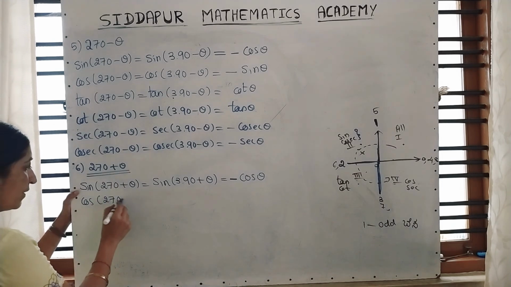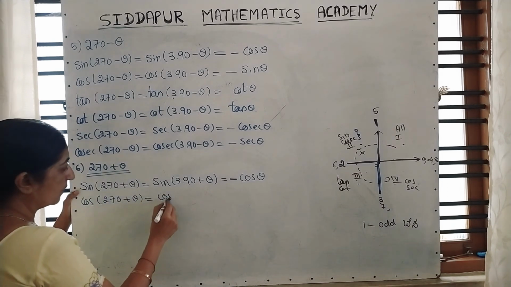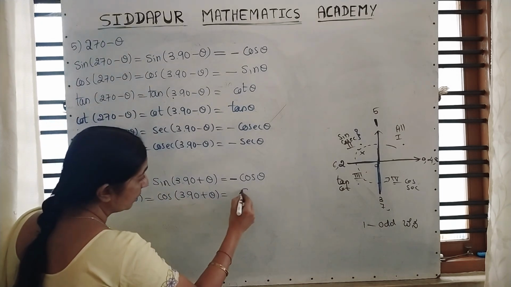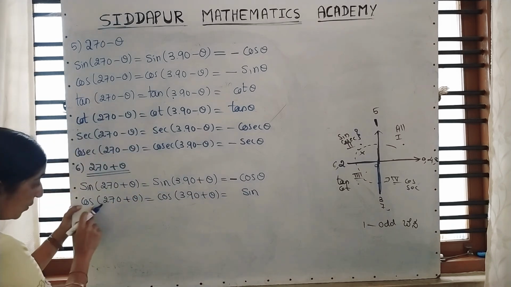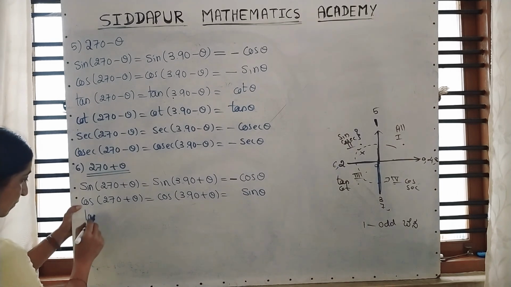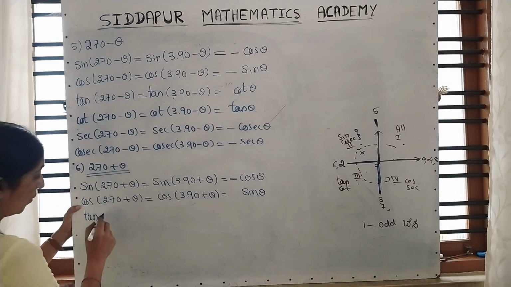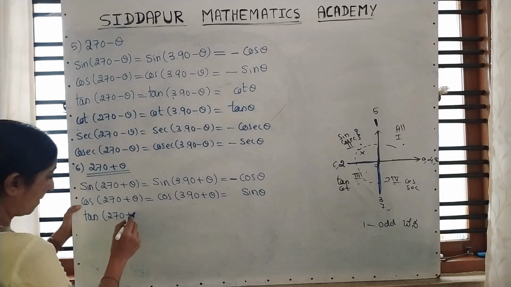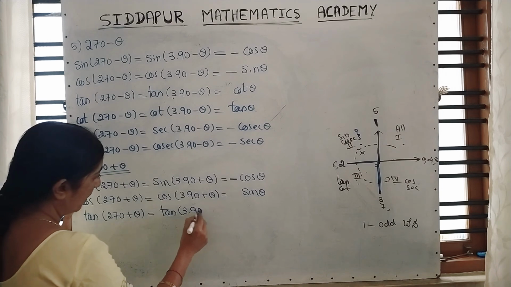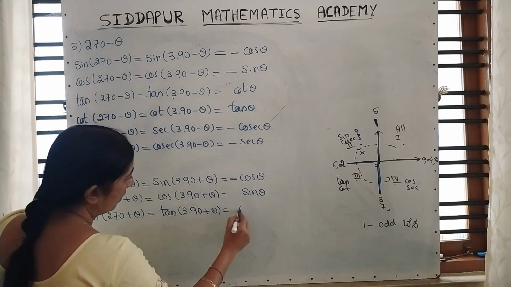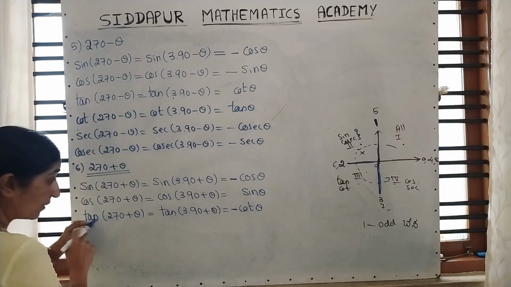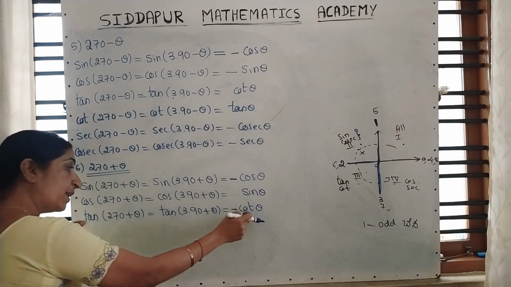Cos 270 plus theta is cos 3 into 90 plus theta. 3 is odd, cos changes to sin. But cos is positive in the fourth quadrant, so the answer is positive. Understood? 3 into 90 plus theta, 3 is odd, tan changes to cot. Tan is negative. We have to start with this, and that sign we have to write in front of the answer.